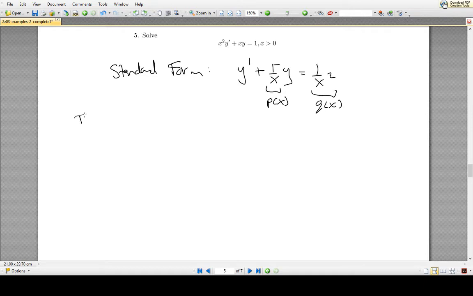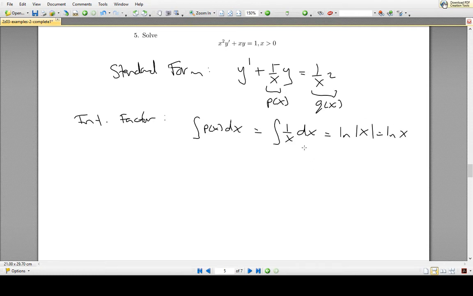So to find the integrating factor, first we would like to integrate p of x with respect to x, and that is the integral of 1 over x dx, and of course that is ln of the absolute value of x. But because we know that x is always positive, we can just simplify that to ln x.